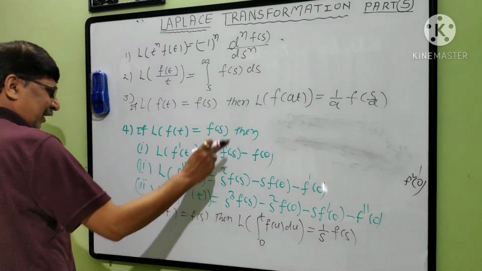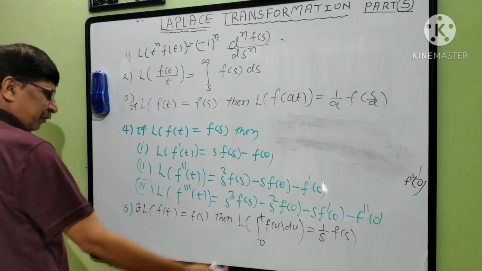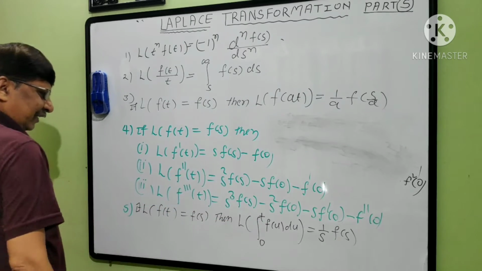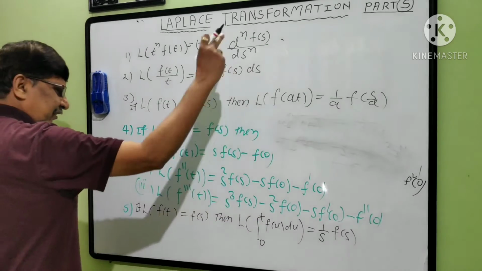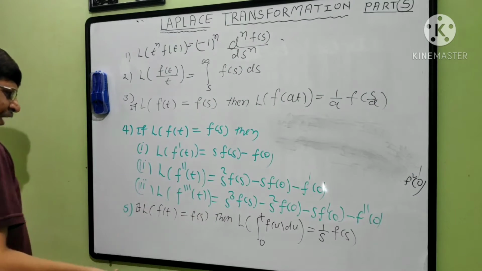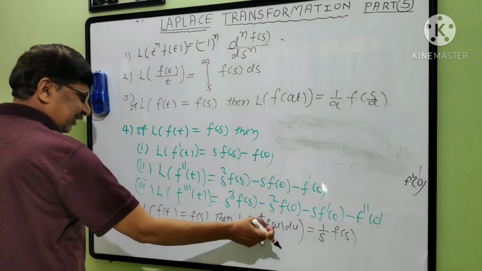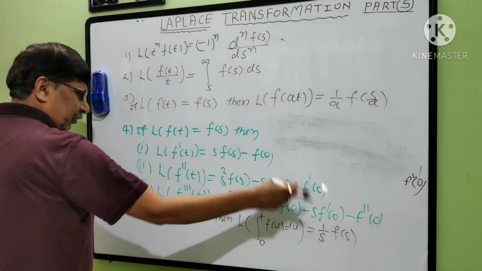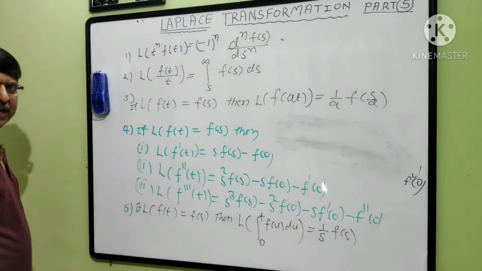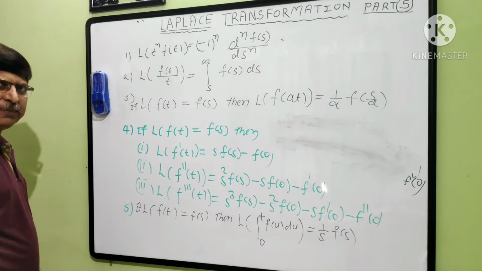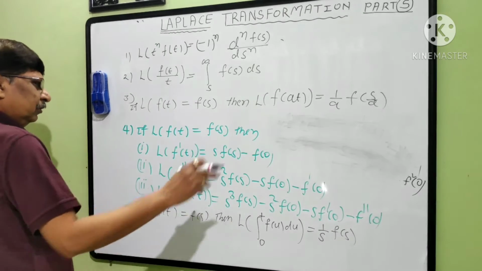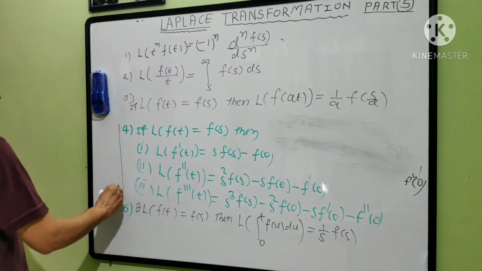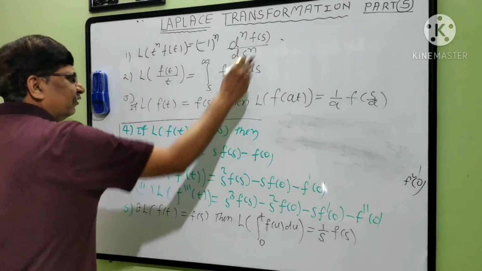And if you want to find the Laplace transformation of the integration of this, then this is the formula. The Laplace transformation of the integral from 0 to t will be 1 by s into F of s. Note this down if anybody wants to write.